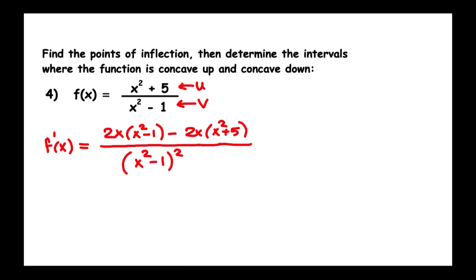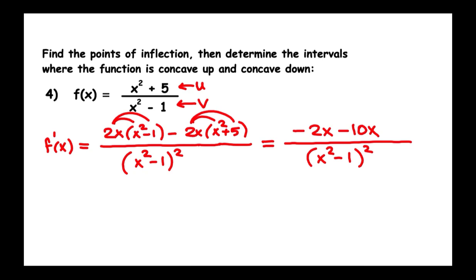The good news is we're going to get some very nice canceling here. I have 2x to the third, but I can see that there's also going to be a minus 2x to the third. I won't write either one of those. We're just going to cancel anyway. And the negative 2x minus 10x, of course, that's just going to simplify to negative 12x.